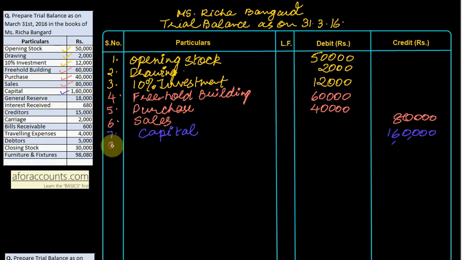Remember that. What is reserve? Profit set aside for some specific purpose or for some general purpose. So general reserve, 18,000 to your credit.